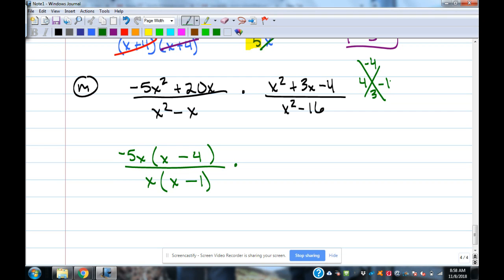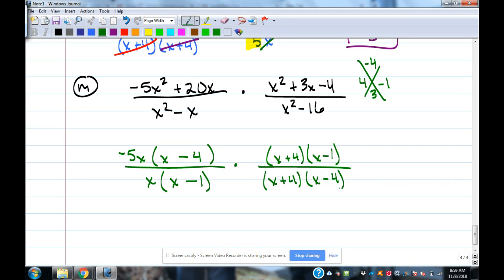Four and negative 1. Good job. Can I use a shortcut? Yeah, so x plus 4, x minus 1. Denominator. The difference of squares. We've done x squared minus 16 already today, so that's x plus 4, x minus 4.